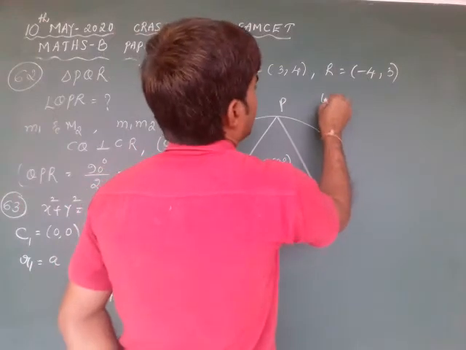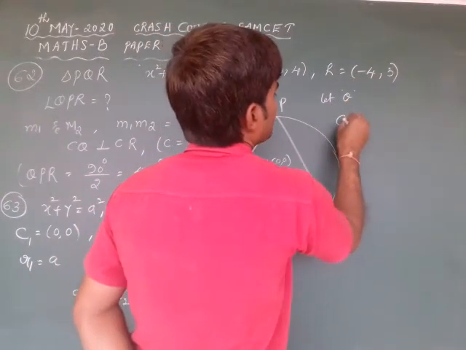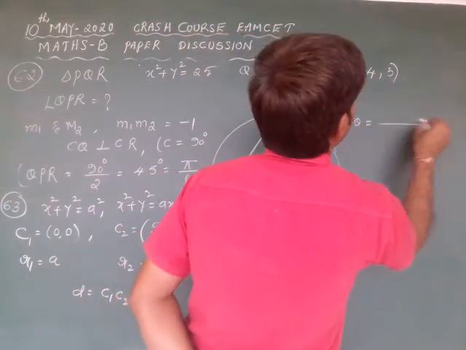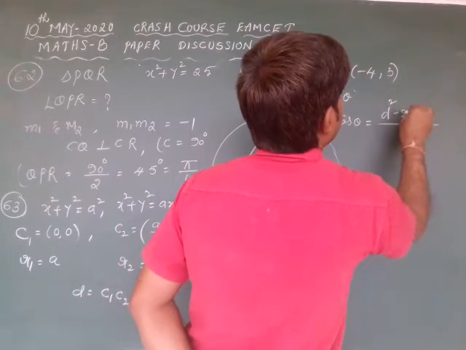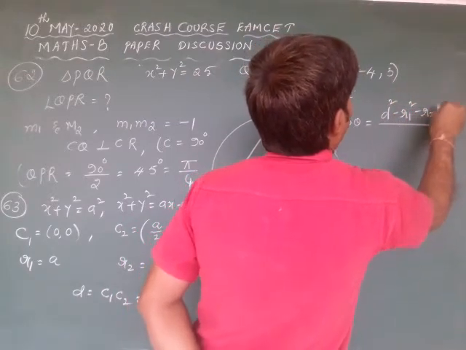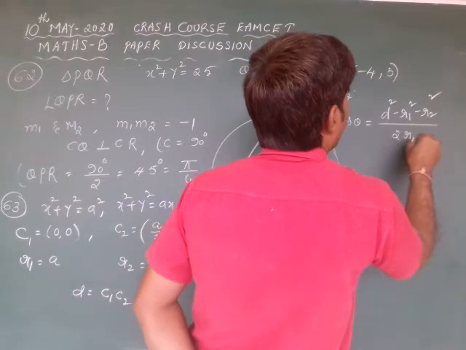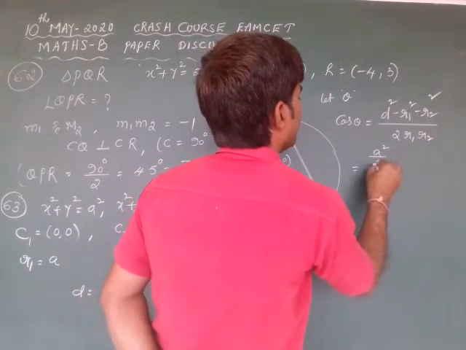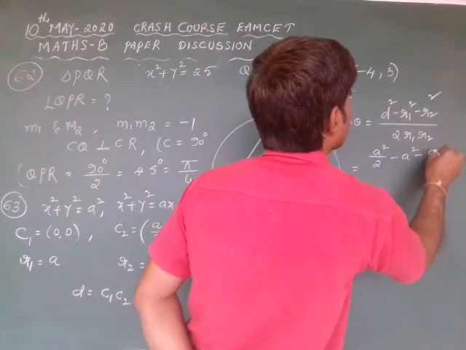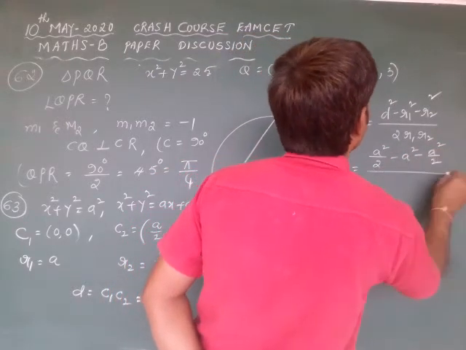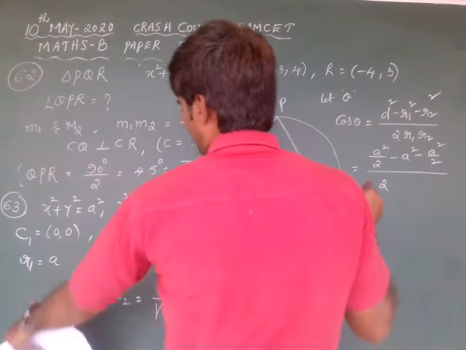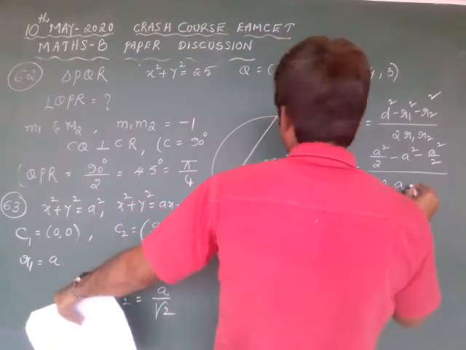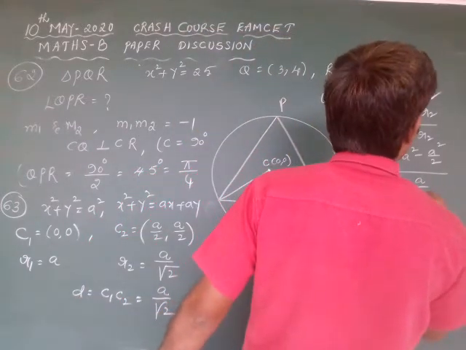Now let theta be the angle between the given two circles, using the formula cos theta is equal to d square minus r1 square minus r2 square divided by 2 r1 r2, that is equal to a square divided by 2 minus a square by 2 divided by 2 into r1, which is a, and r2, which is a divided by root 2.